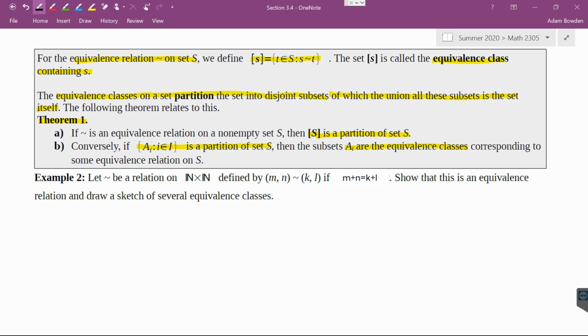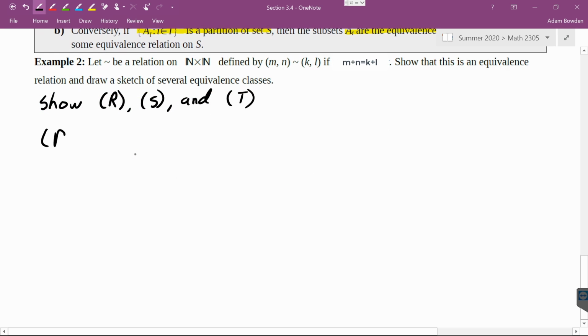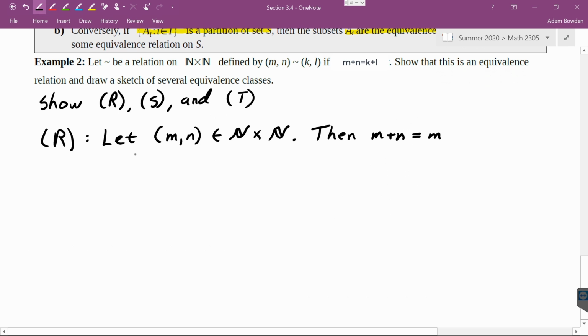If we're going to show that this is an equivalence relation, we need to show three things: reflexive, symmetric, and transitive. So let's start off with reflexive. To do that, I'm going to start out with m, comma n, and say that those are both natural numbers. It's an ordered pair containing natural numbers. Then we understand that m plus n is equal to itself, m plus n.